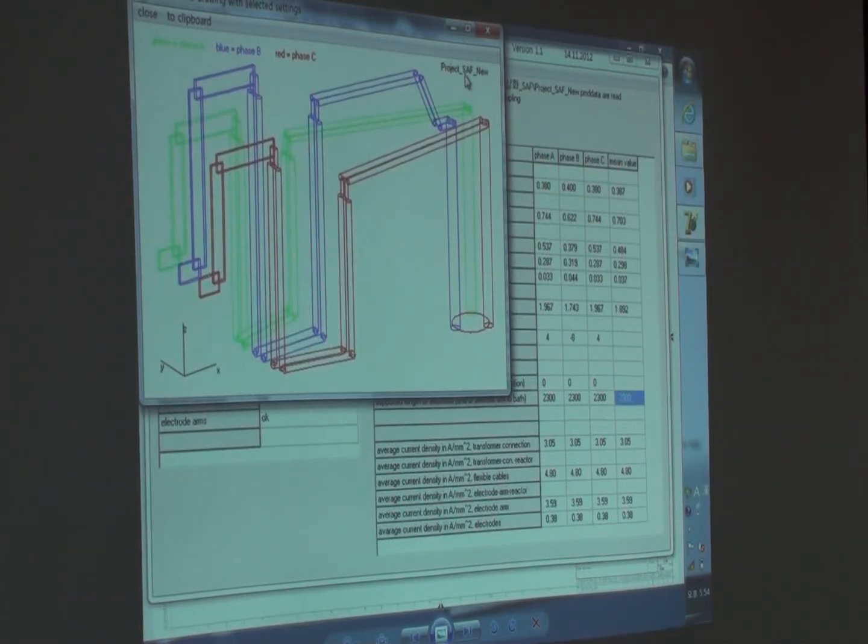But if you have a reduction furnace, there's no open arc. The arc is covered with slag. You cannot see the arc, and nobody knows exactly what happens inside the furnace. We say this is a reduction furnace for reduction processes.